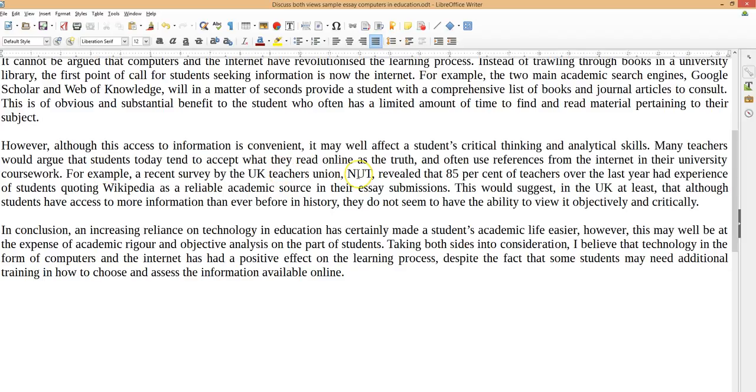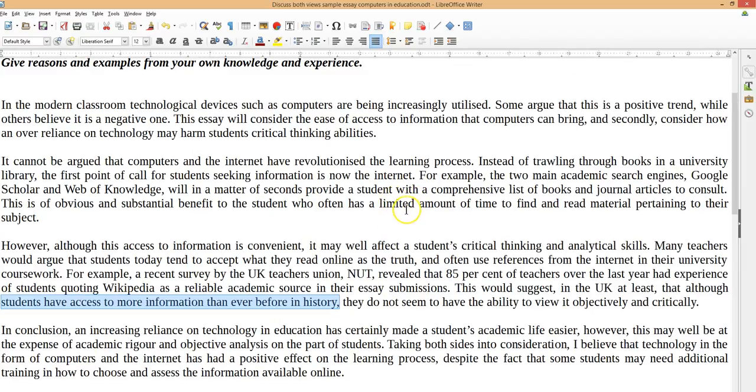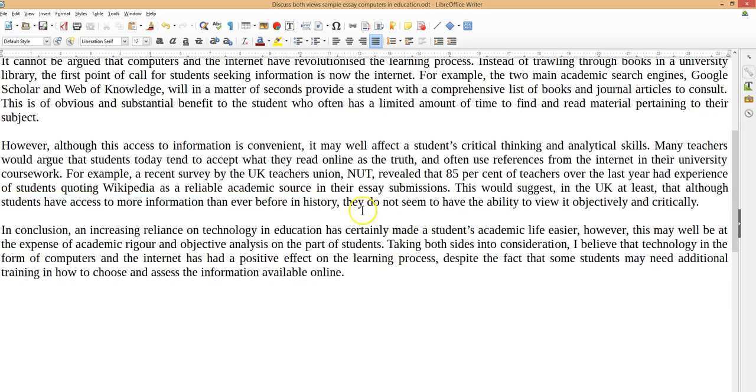A survey by the NUT, Wikipedia, this would suggest that although, linking back, students have access to more information than ever before, again this is what the criteria is calling for, about a clear position throughout the response. They do not seem to have the ability to view it objectively and critically.